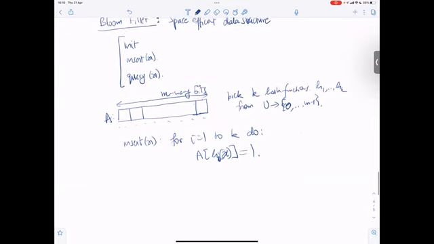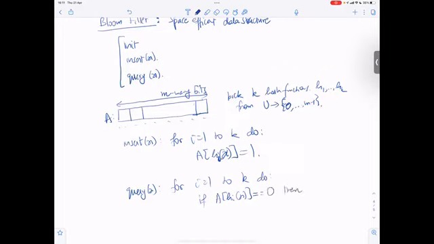And to query X, what do you do? For i equal to 1 to k, do: if A of Hi of X is equal to 0, then return false.